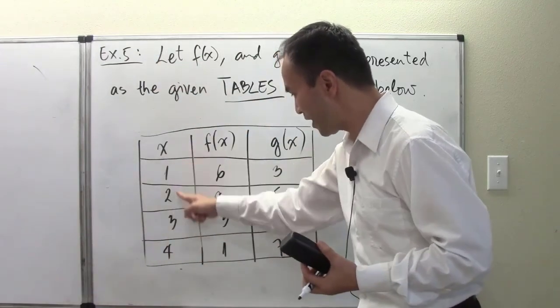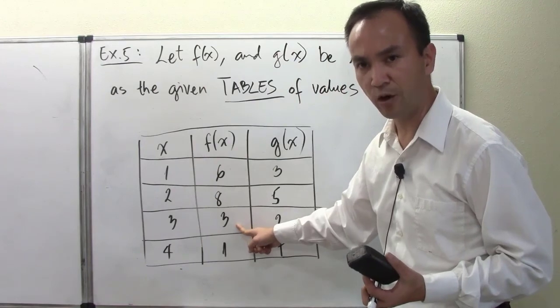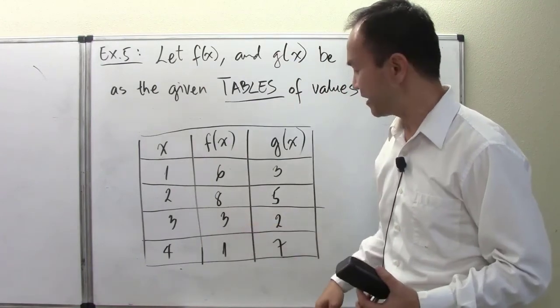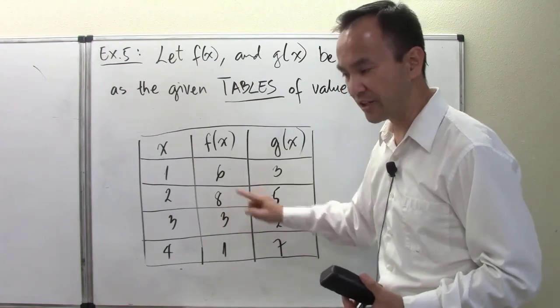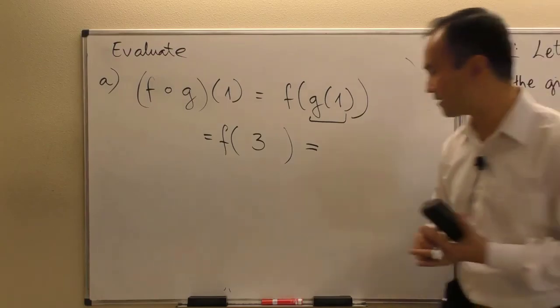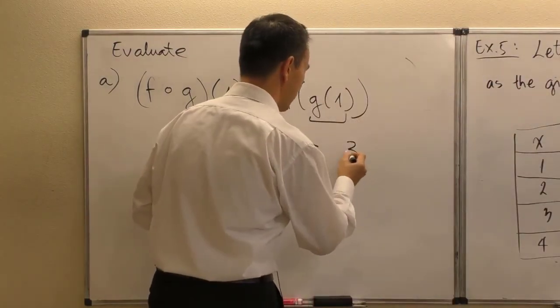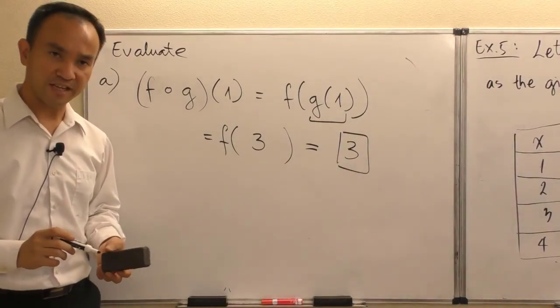When the input equals 3, my output value for f is also 3. So this is the final answer for our work, 3. And that is how we have done part A of the example.